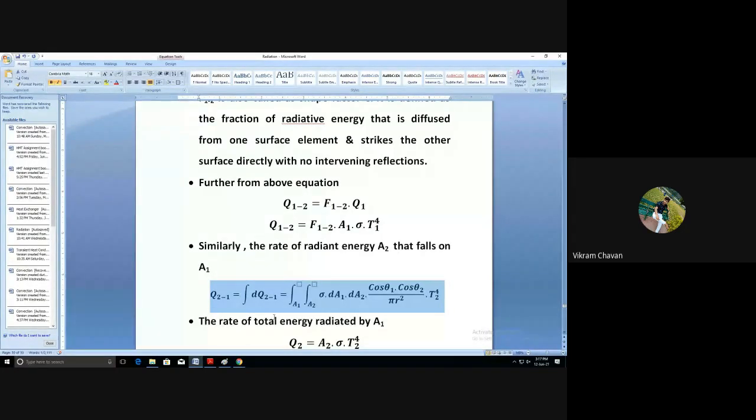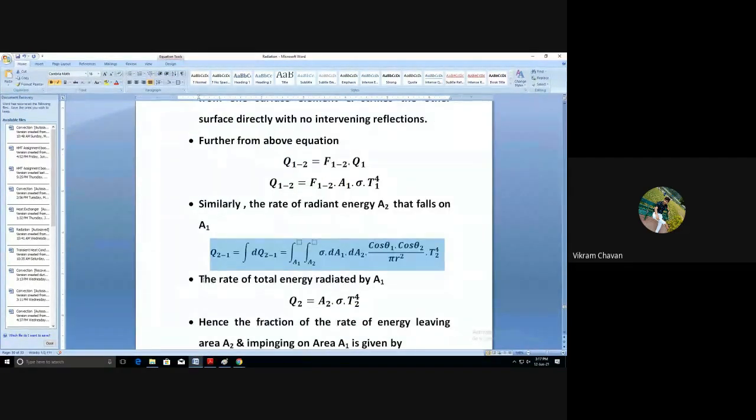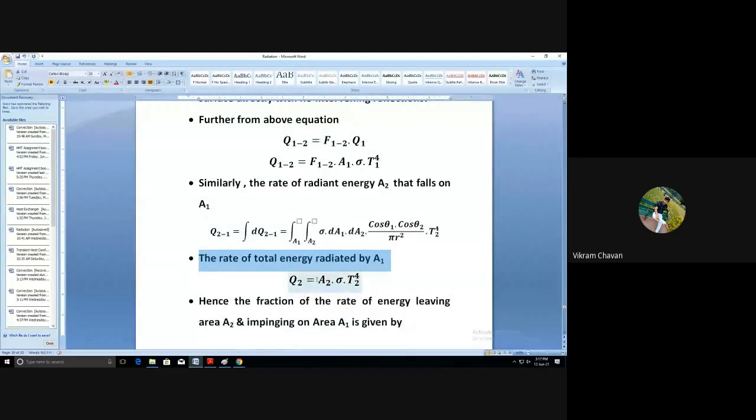Further, the rate of total energy radiated by A2, that will be Q2.